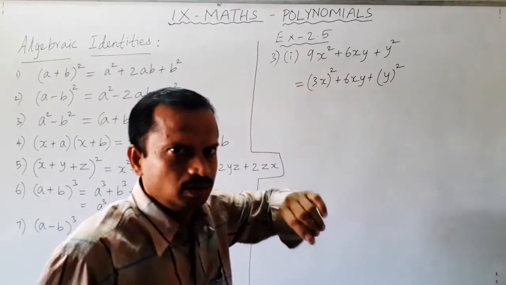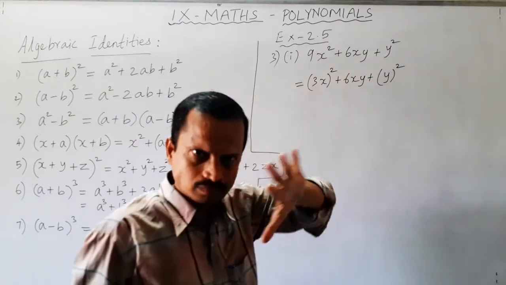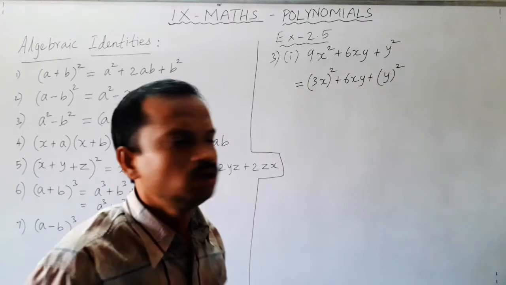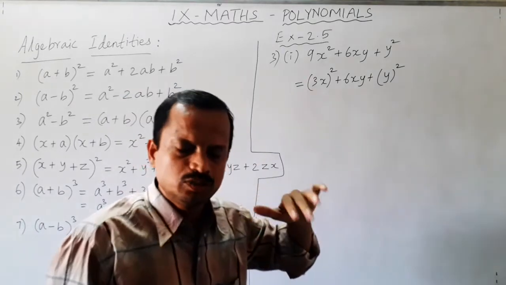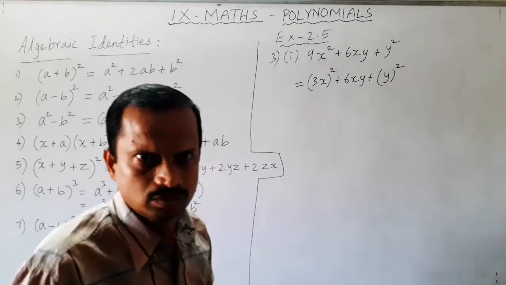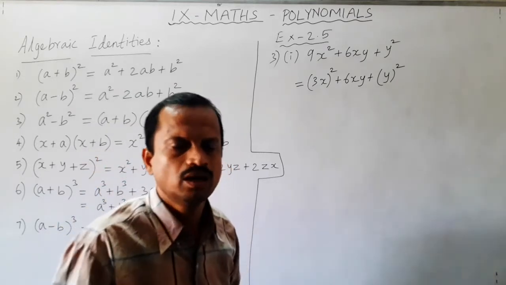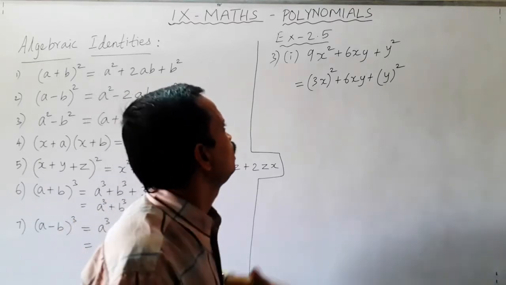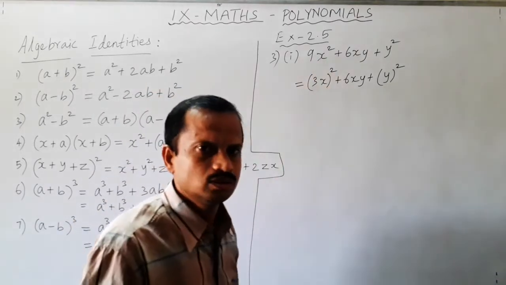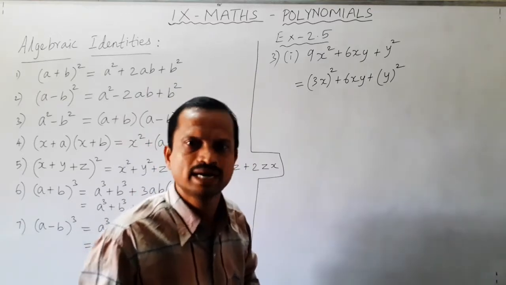9x square. So you have to observe whether the first term and the last term are square terms. How can you say that it is a perfect square? If the same number is multiplied 2 times. So x into x, 3 into 3. So they are square numbers, perfect squares. So 9x square we can write as 3x the whole square because 3x into 3x is what? 9x square.